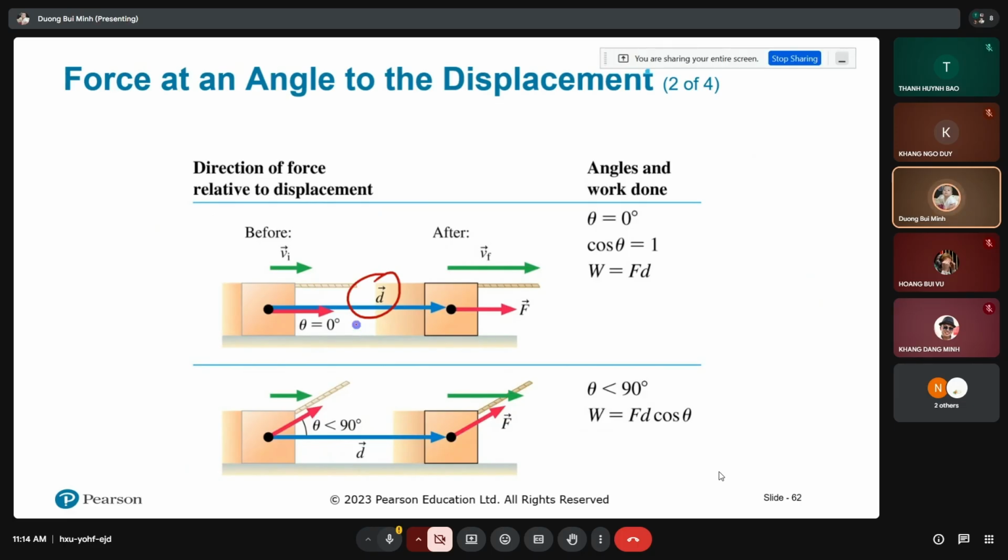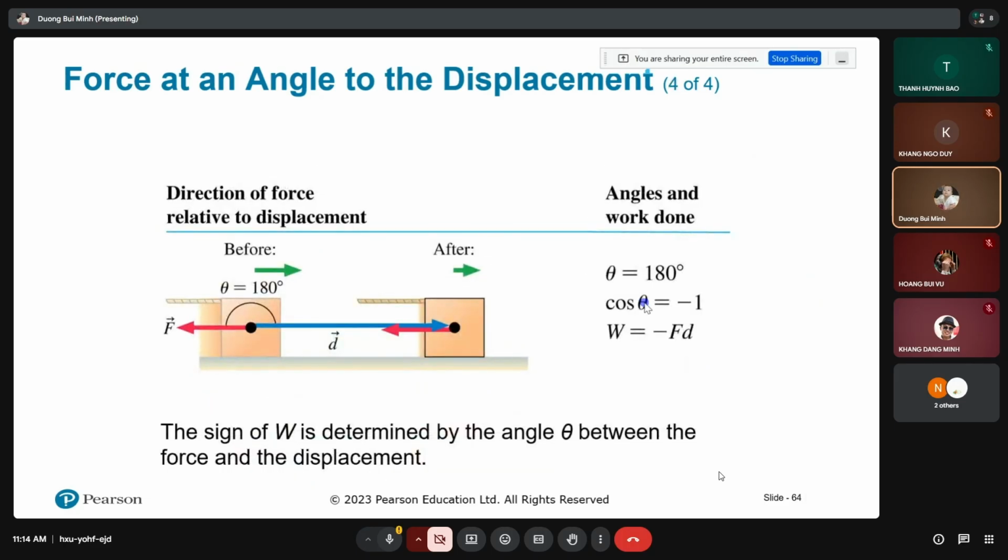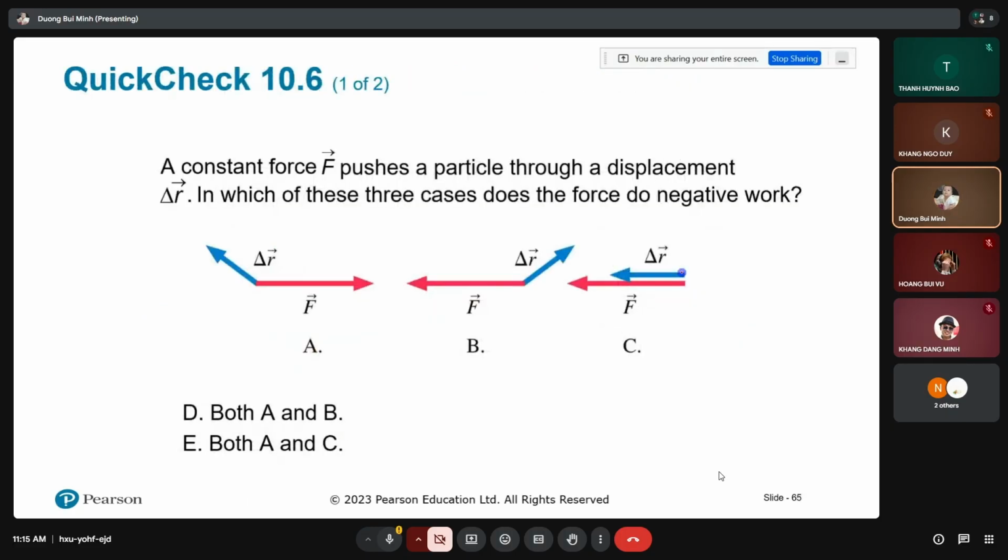If the velocity or force are in the same direction as the moving direction, you get positive work. Otherwise, work will be negative. Displacement here, force there, so the work will be negative in this case.